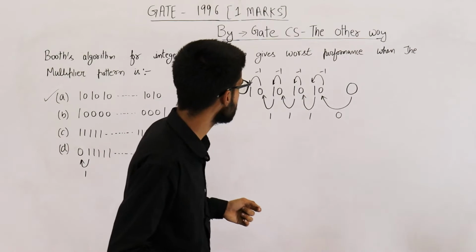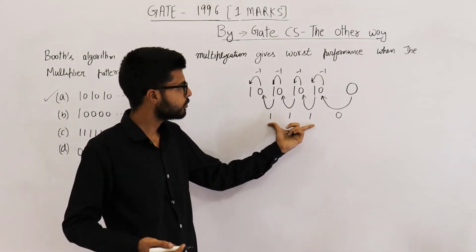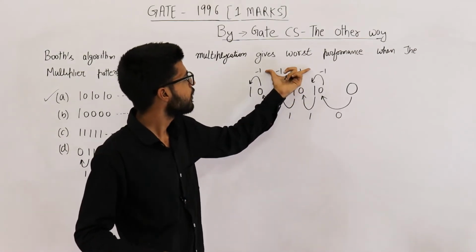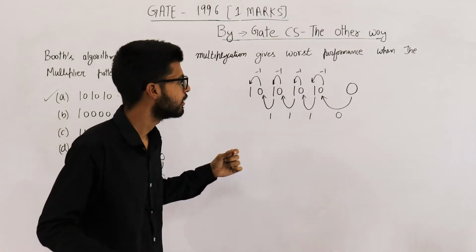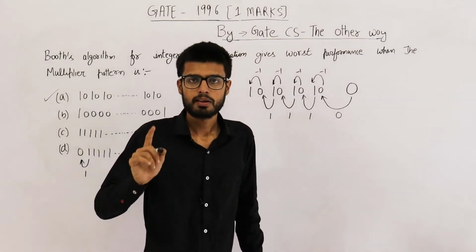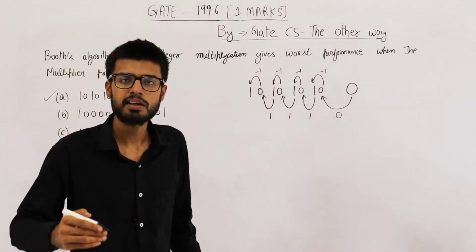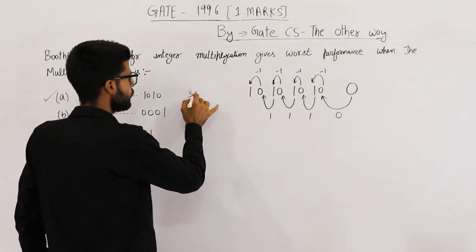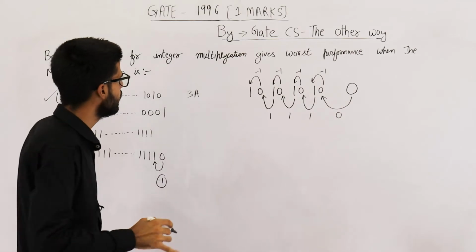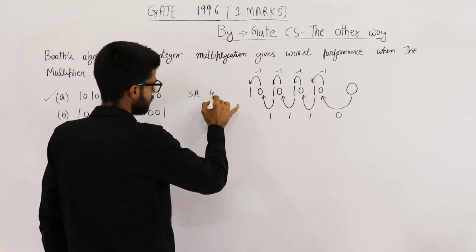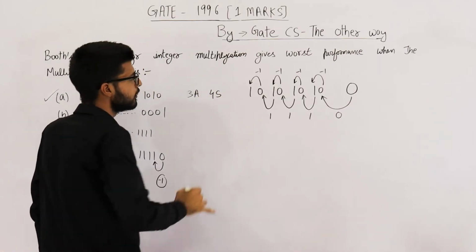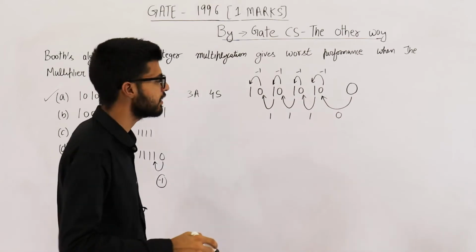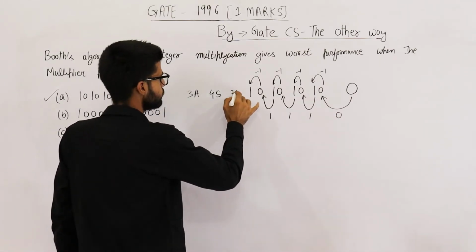Now you see, you have 3 plus 1s and 4 minus 1s along with 1 0. 3 plus 1s indicate 3 additions have to be performed. So in option A, you require 3 additions and 4 subtractions. Okay. That means in total 7 operations will be performed.